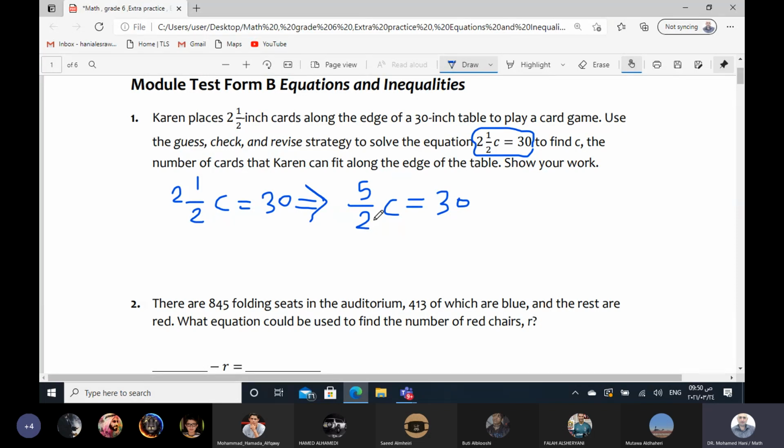Here we have two ways to solve this problem. We can multiply the two sides by the reciprocal of 5 over 2, or we can divide the two sides by the coefficient. The coefficient here will be 5 over 2, so divide by 5 over 2.